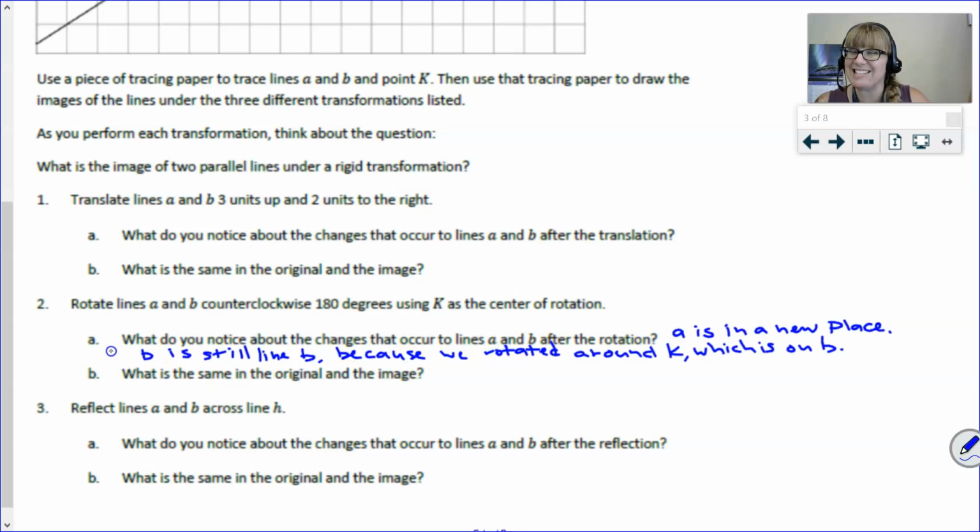Other things to mention, same types of things that we mentioned before with our translation, and that is that these are still lines. They're still parallel lines. Something that's important is that they are still going in the same direction.